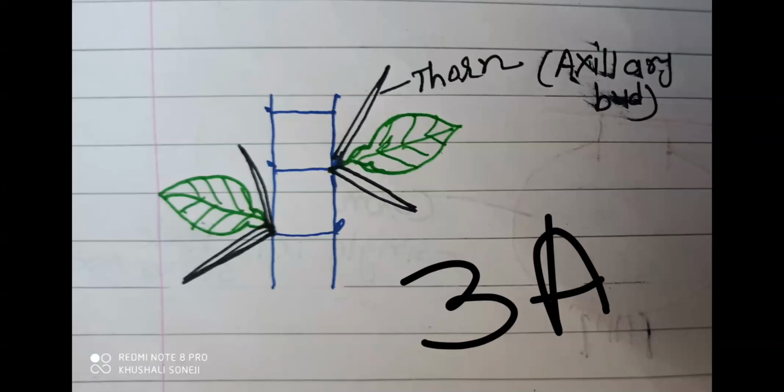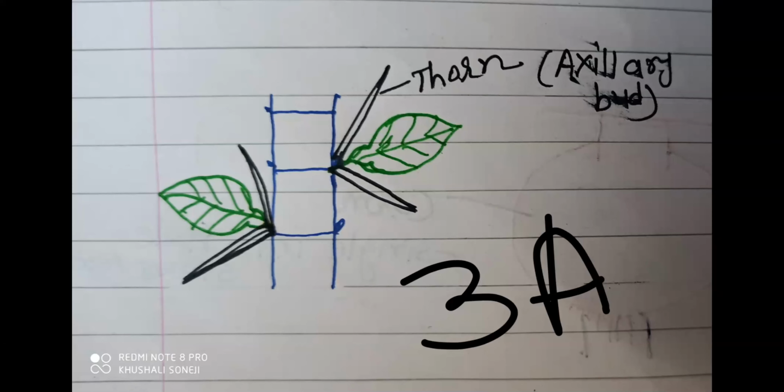Kashish, go ahead. Ma'am, thorns come from roots and they protect from animals which eat stems. Those animals we call browsing animals. On which part of the stem exactly does it get modified to form thorn?